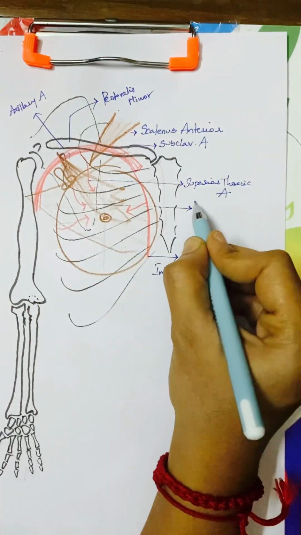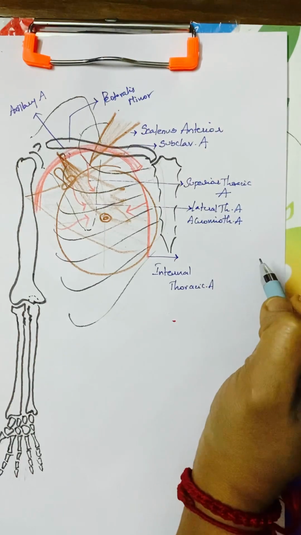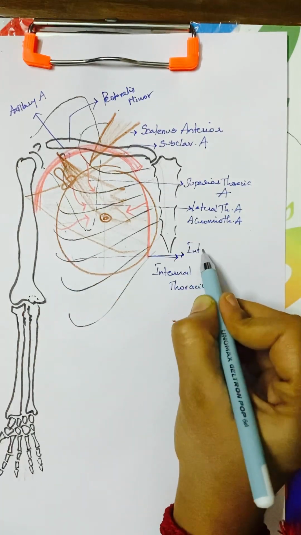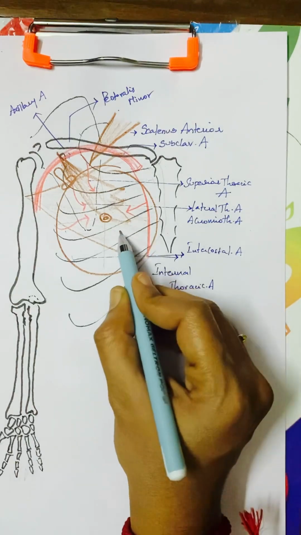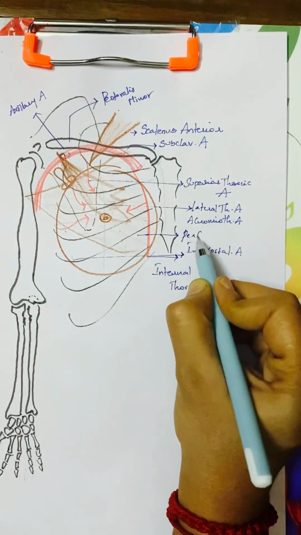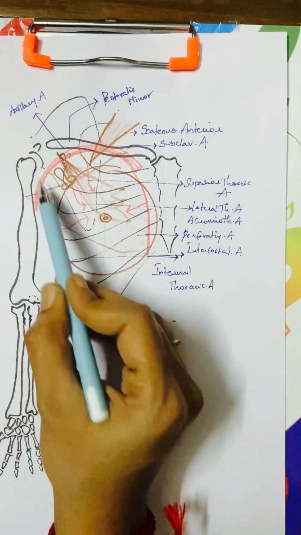And from the second part we have lateral thoracic artery and acromiothoracic artery. Then we have posterior intercostal arteries. Then perforating branches from internal thoracic artery. These are the blood supply to the mammary gland.